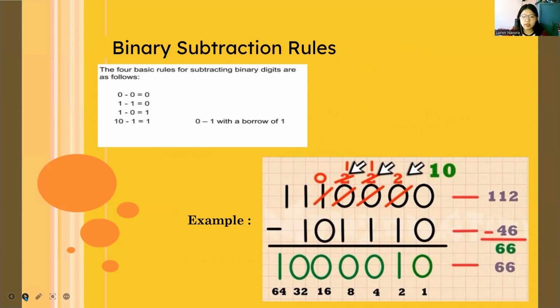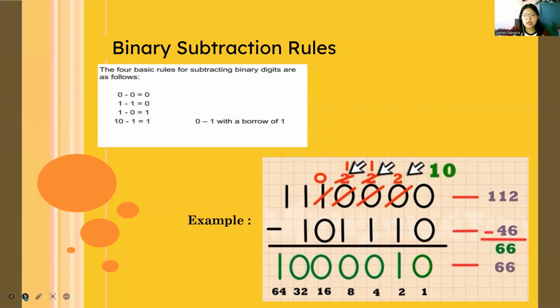Similarly, 1 minus 1 is equal to 0, and 0 minus 1 is equal to 1 when 1 is borrowed from the next column. Since 0 is less than 1, we cannot subtract 1 from 0, and therefore we need to take a borrow. So these are the binary rules.